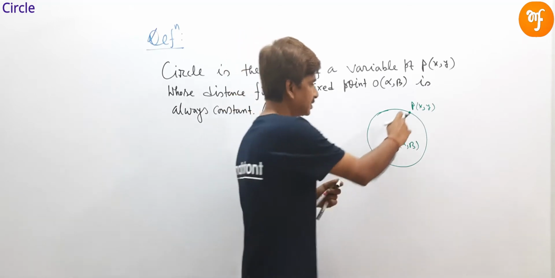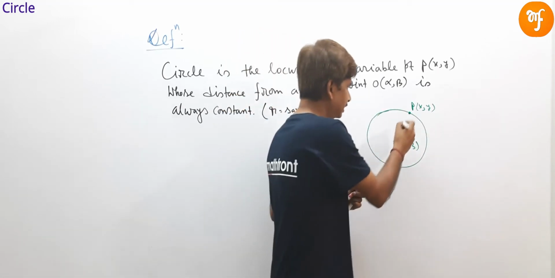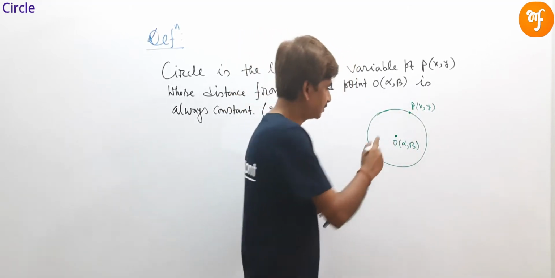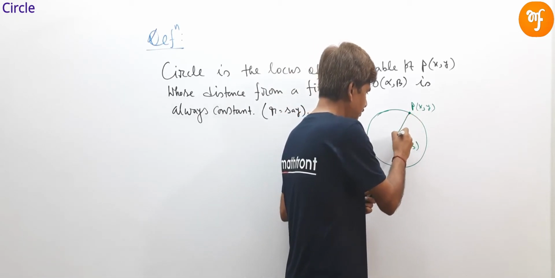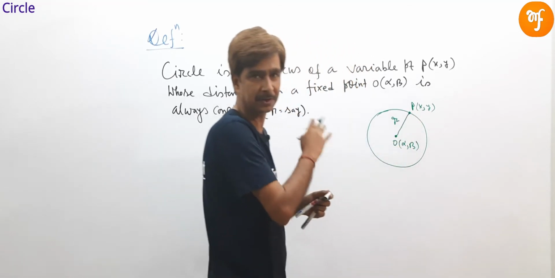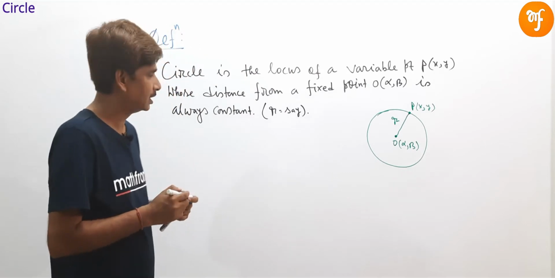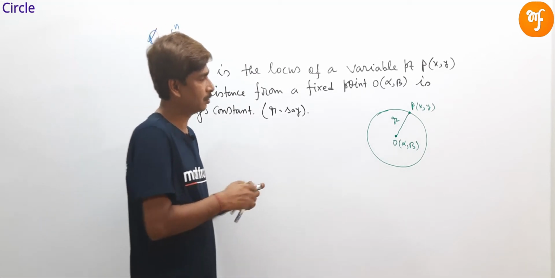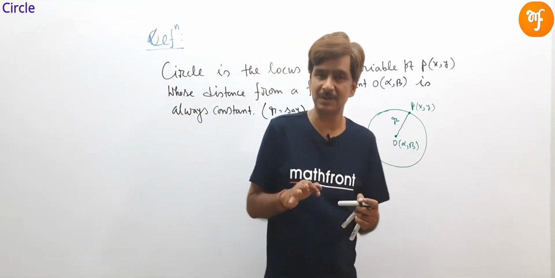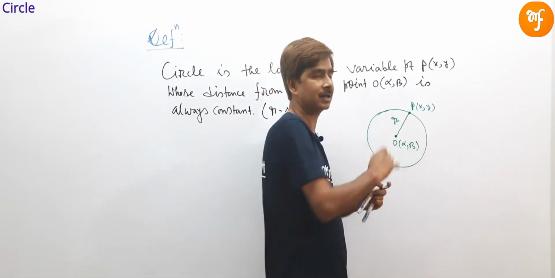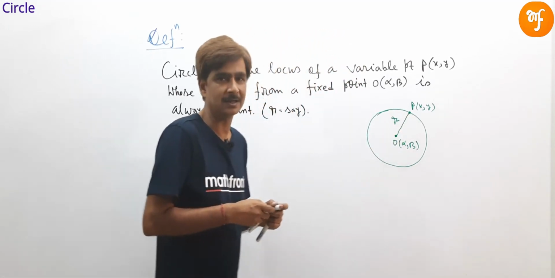If P moves on this circle, then the distance of P from this fixed point O is always constant, which is r according to the definition. Isn't it? And this fixed point O is known as the center of the circle and the fixed distance r is known as the radius of the circle.